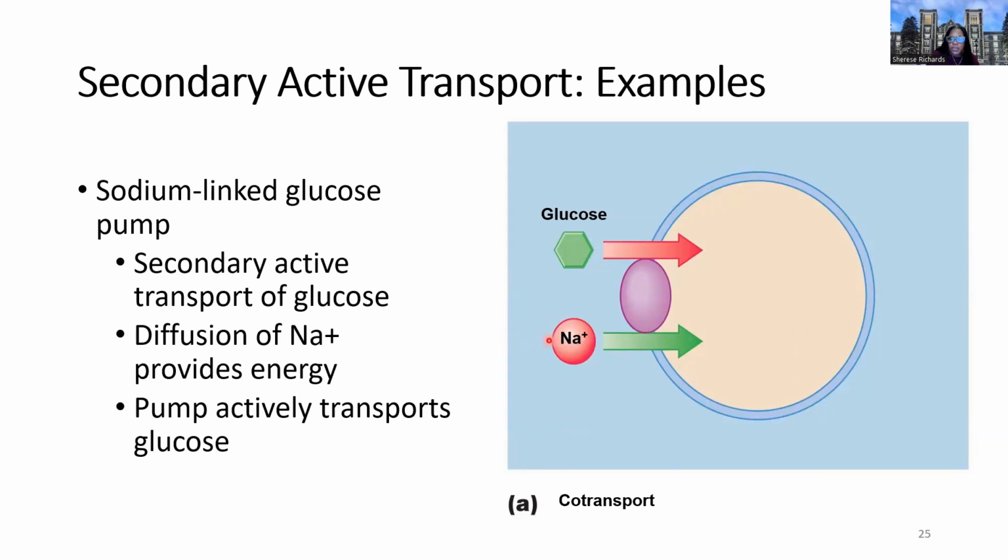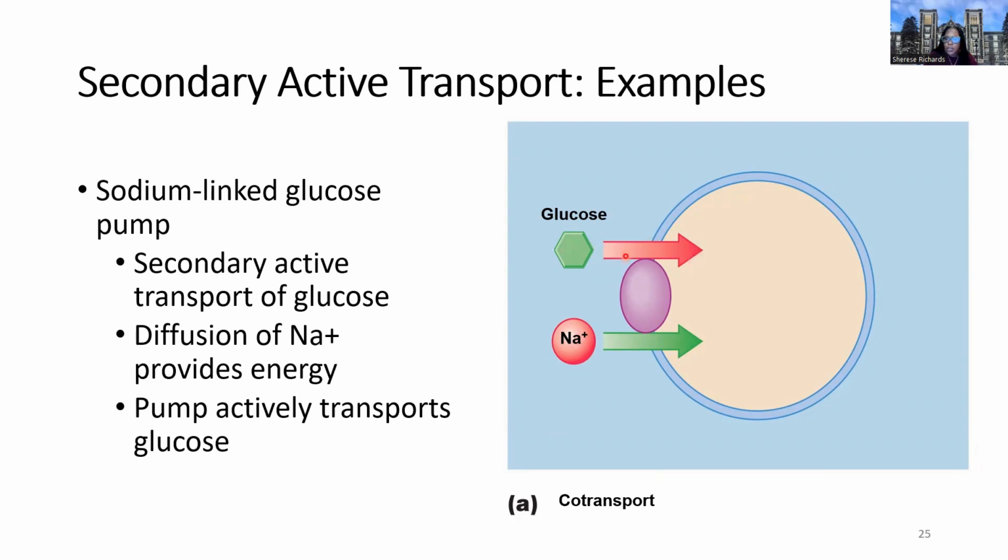So when sodium moves into the cell, it's doing so passively. Hence, the green arrow here means that we're giving up energy to do that, downhill or spontaneous. And we're coupling that energy by way of this sodium-linked pump and taking the energy that's harnessed to move glucose actively against its concentration gradient.